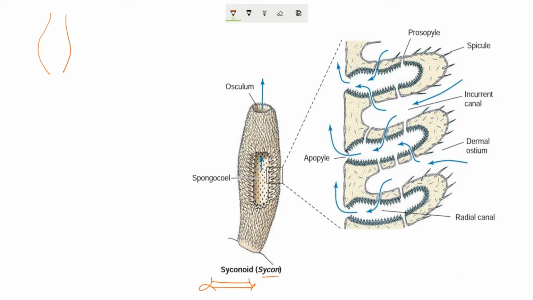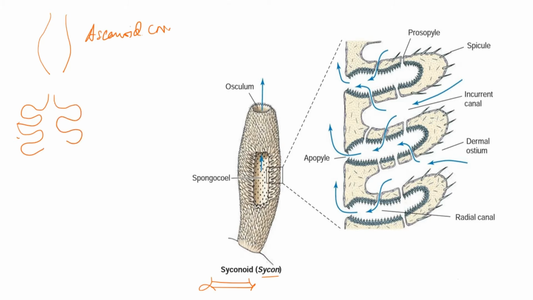In case of the Syconoid canal system, this body wall is going to get folded, like invagination and evagination will occur here. Basically this invagination and evagination of choanoderm happens to increase the surface area for the absorption of water.